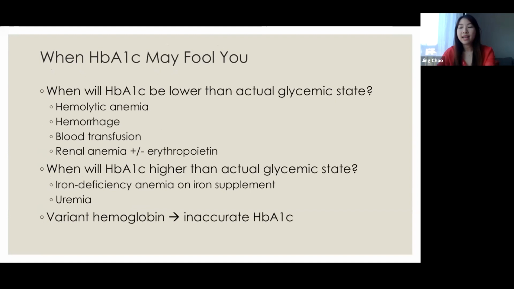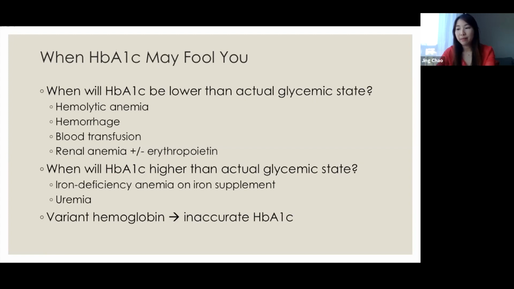Next, let's take a look at hemoglobin A1C and why we shouldn't be faithful believers in A1C. There are times that A1C will fool you, and you need to be careful to not fall for the falsely high or low A1C. This is especially true in the inpatient setting.